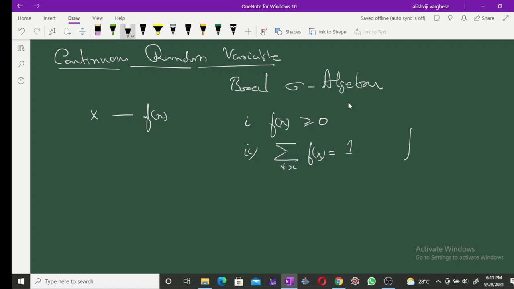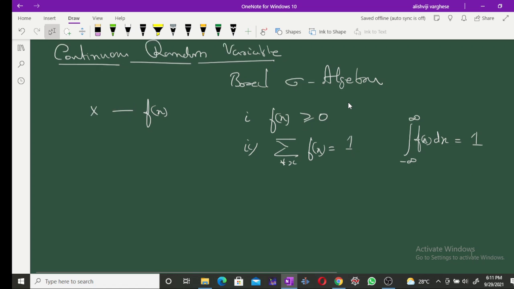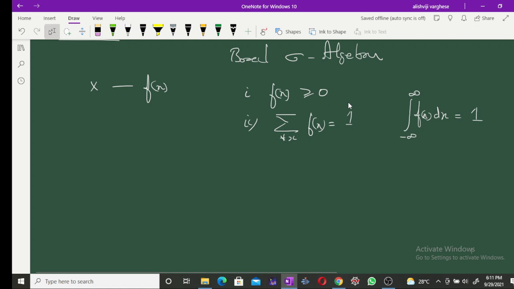If it is a continuous one, then we integrate from minus infinity to plus infinity, f of x dx equal to 1. These are the two important properties which we can associate with a probability density function of any random variable, which may be a continuous type random variable or a discrete type random variable.